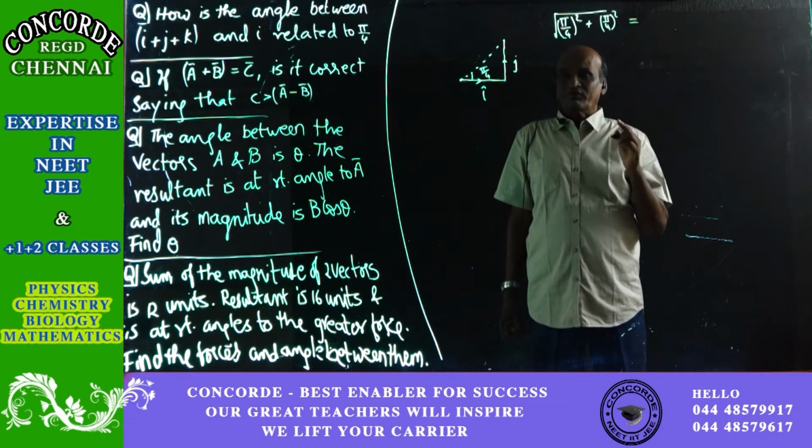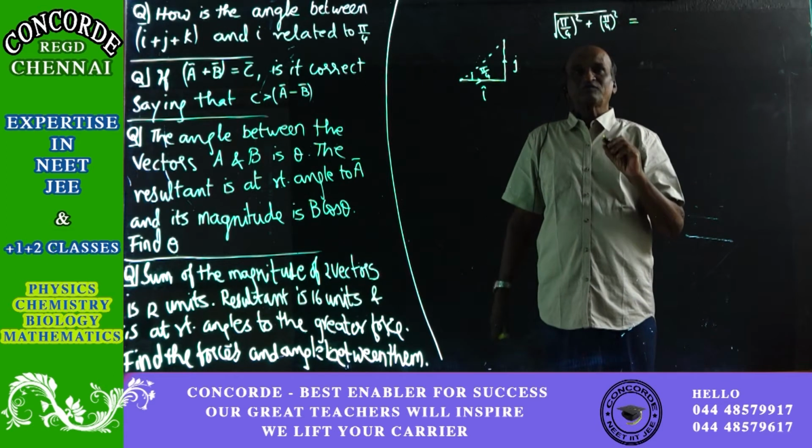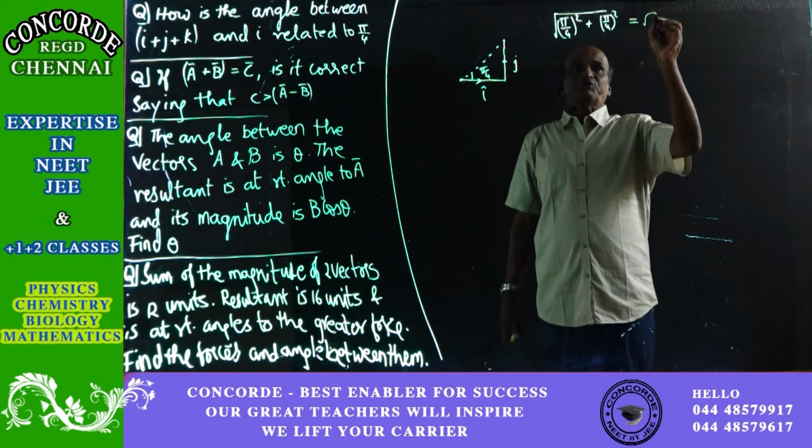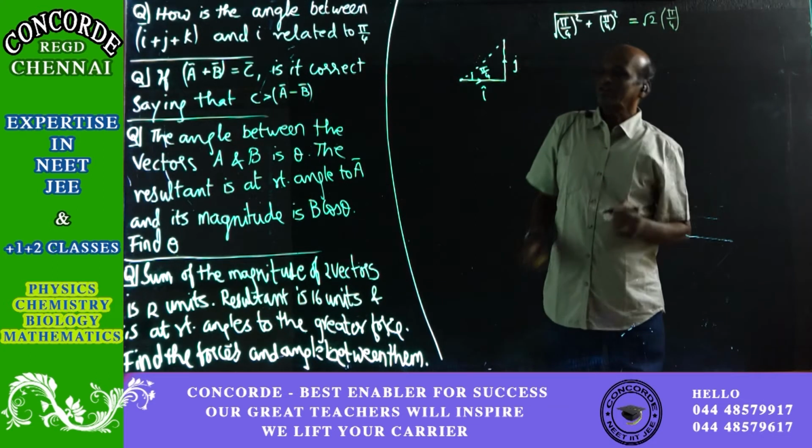Then what we will have within the square root is just 1 plus 1, which is equal to square root of 2. So it is root 2 into pi by 4, that will be the result.